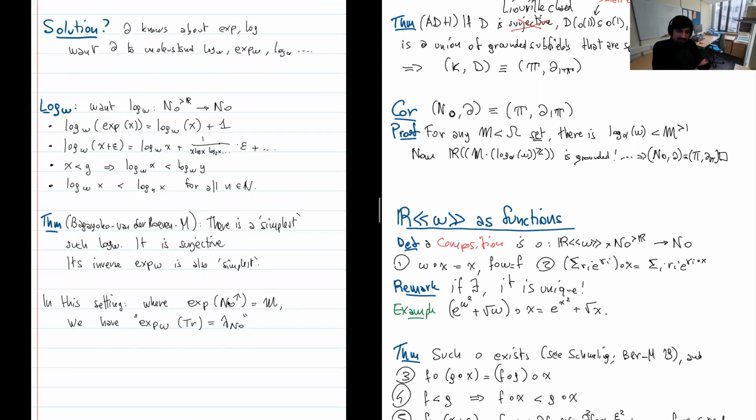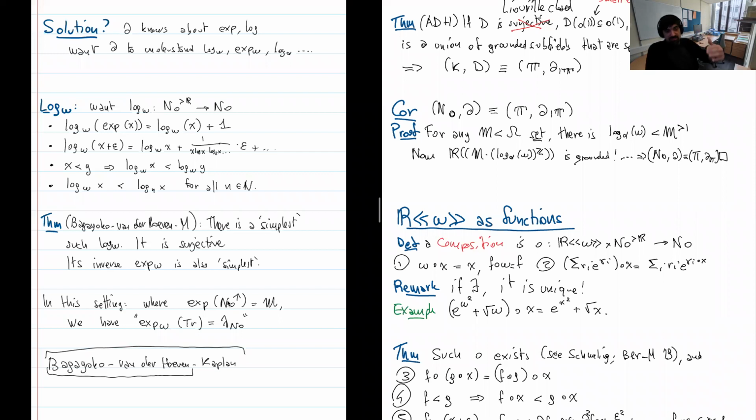The final comment is that now if you go look at the latest preprints by Bagayoko, van der Hoeven, and Kaplan, and also just the first two authors, they do a lot of this.